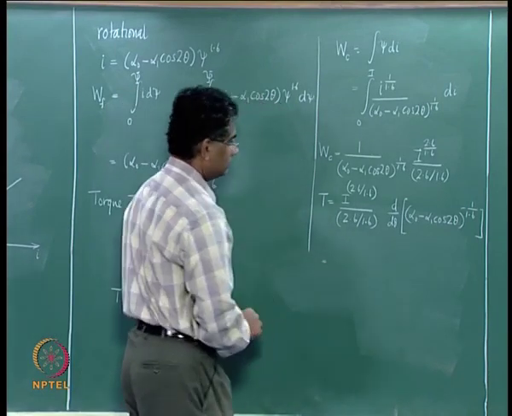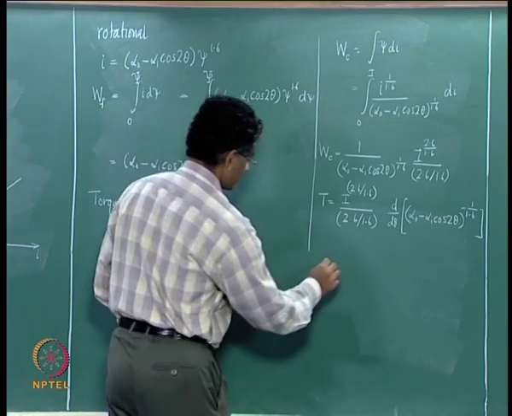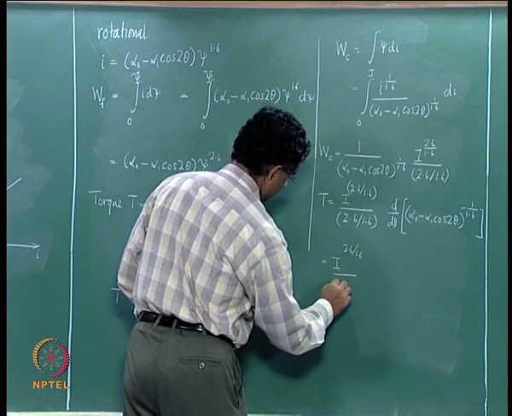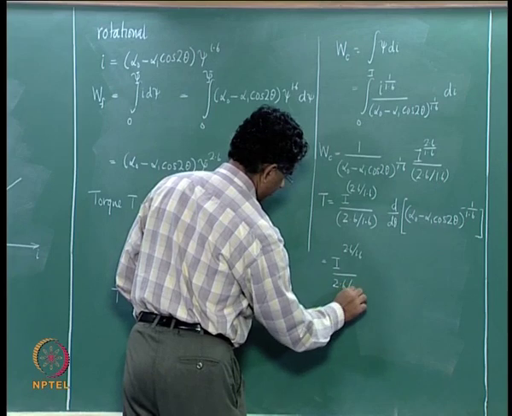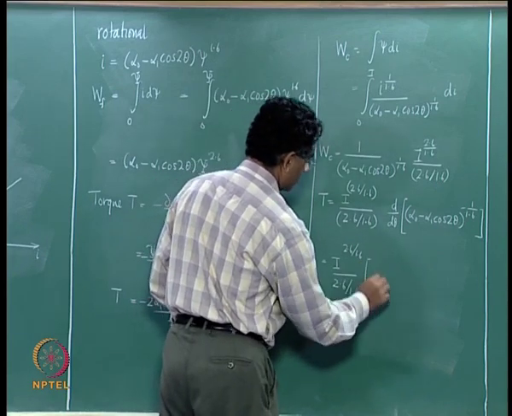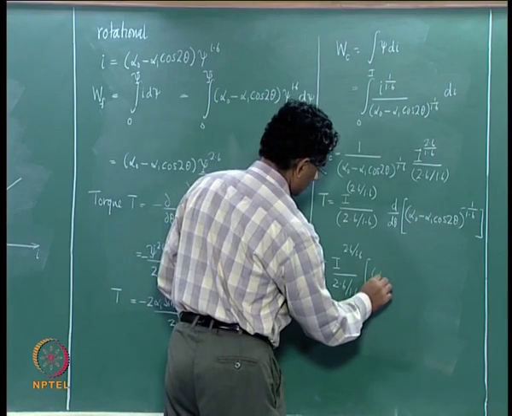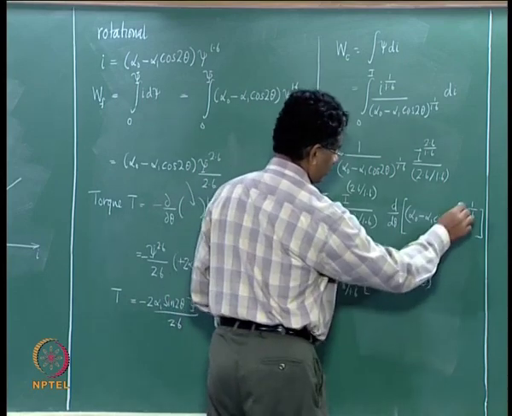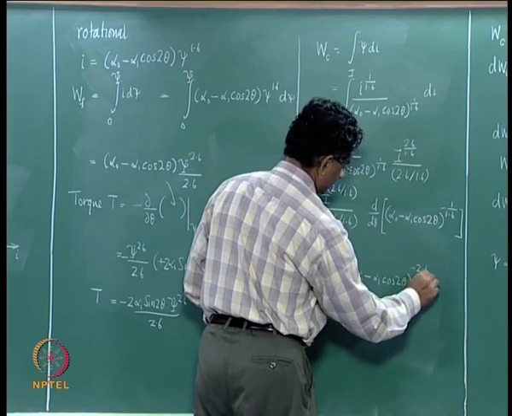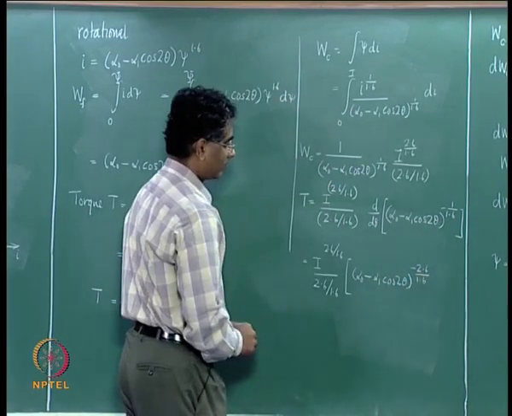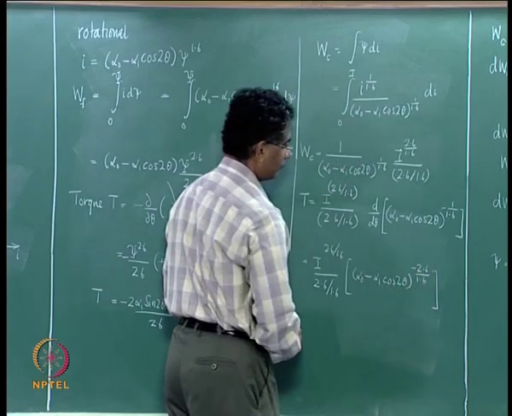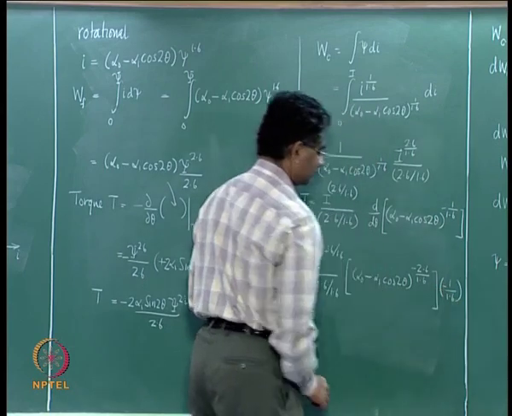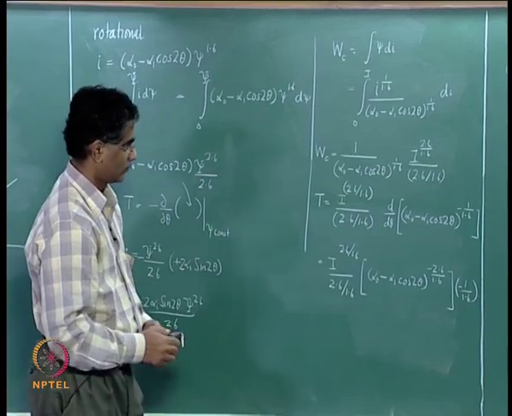So, we can write this as I to the power of 2.6 by 1.6 divided by 2.6 by 1.6, into alpha naught minus alpha 1 cos 2 theta to the power of minus 2.6 by 1.6, multiplied by minus 1 by 1.6, right.